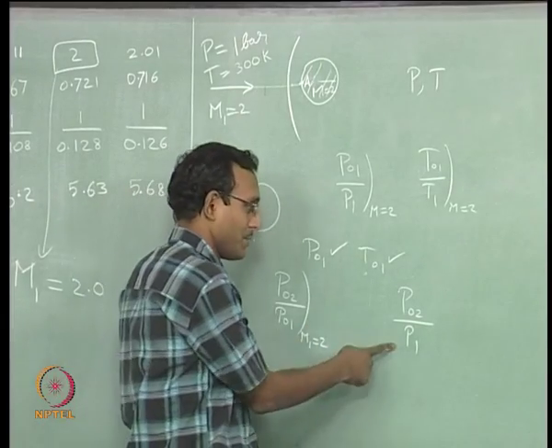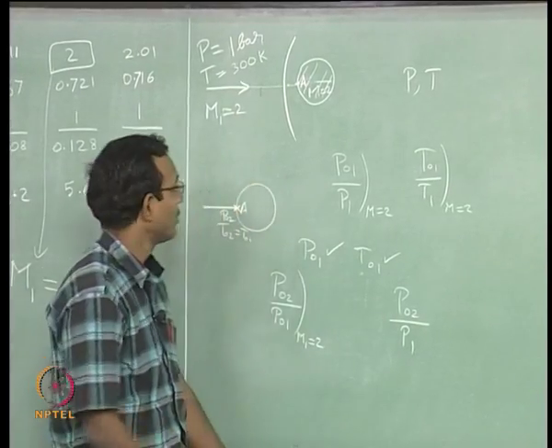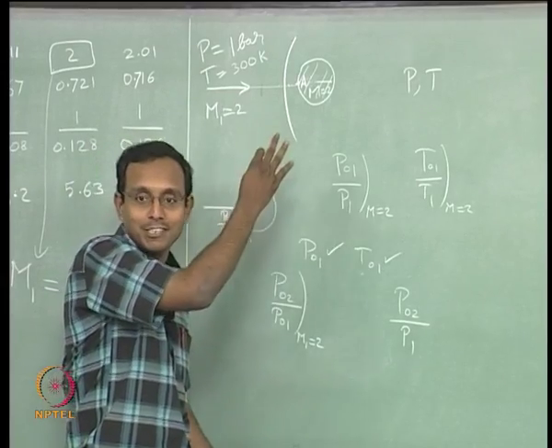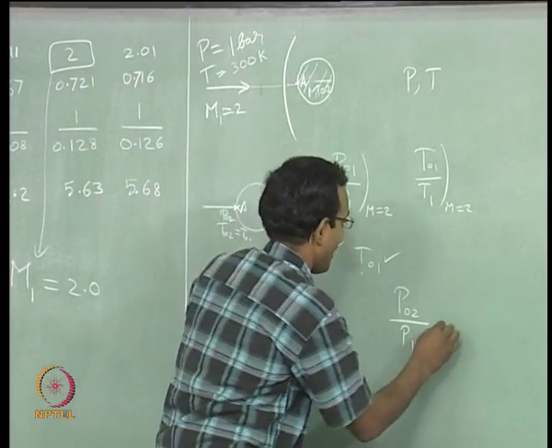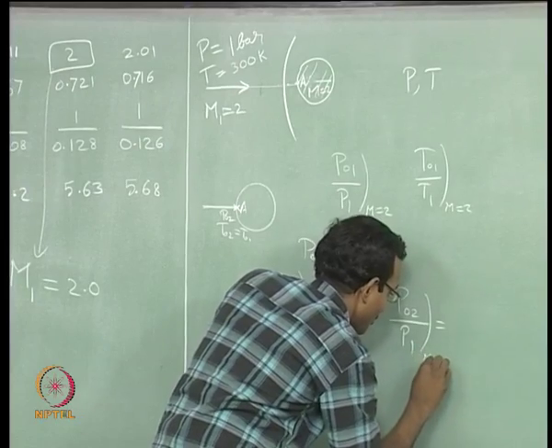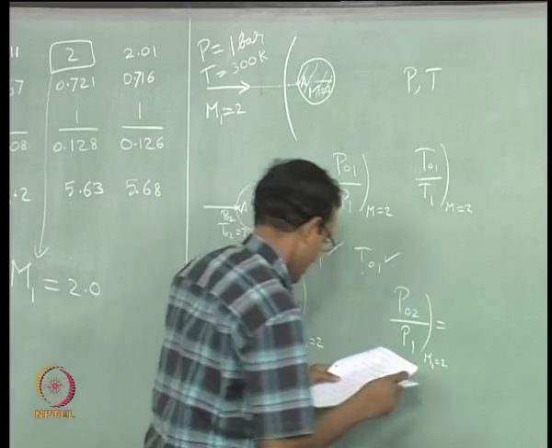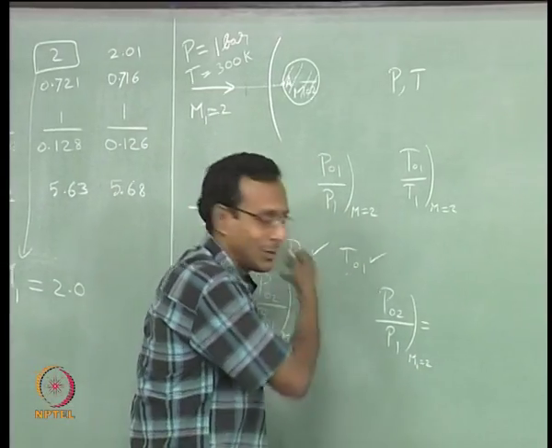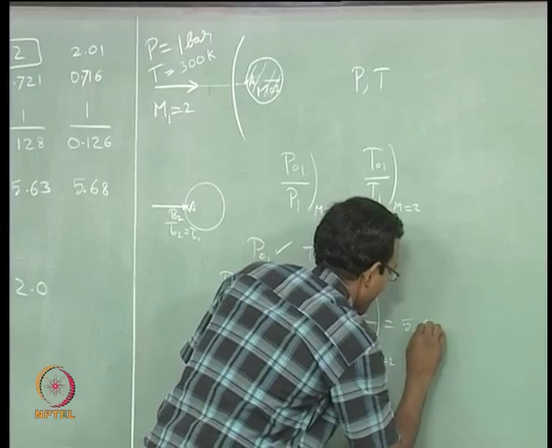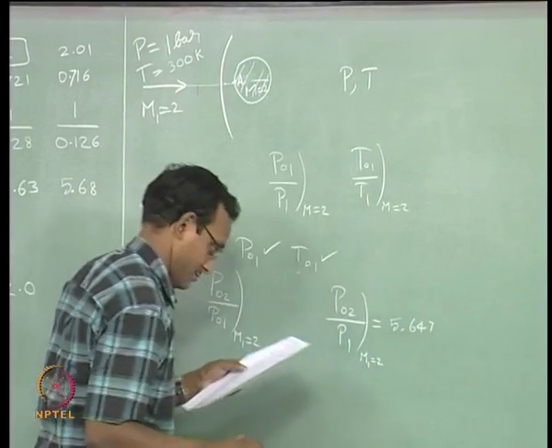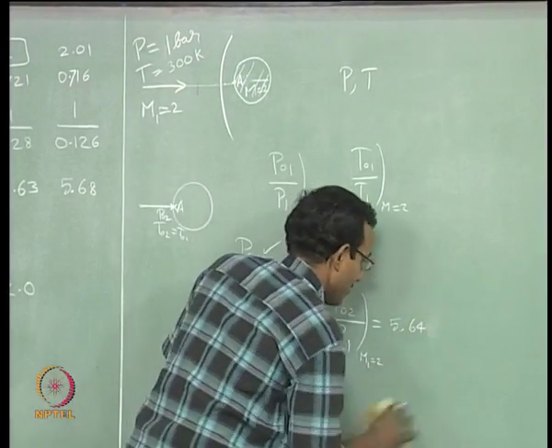I am given P1, I want P naught 2, I have already gone through that discussion. So all I have to know is this number for M1 equal to 2. We just solved the problem, it is the same number, 5.641 apparently for M equal to 2.